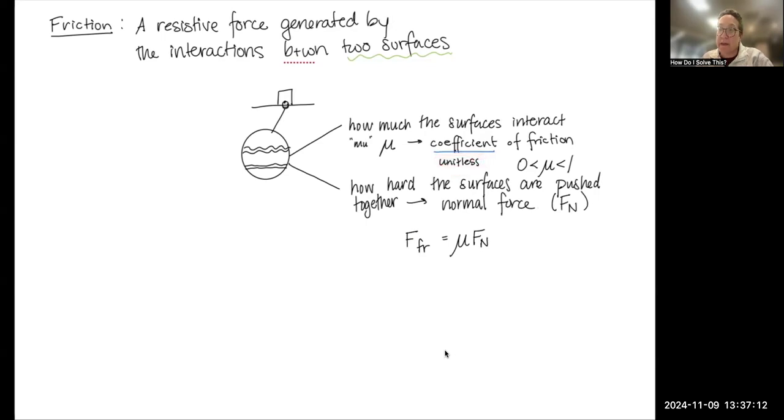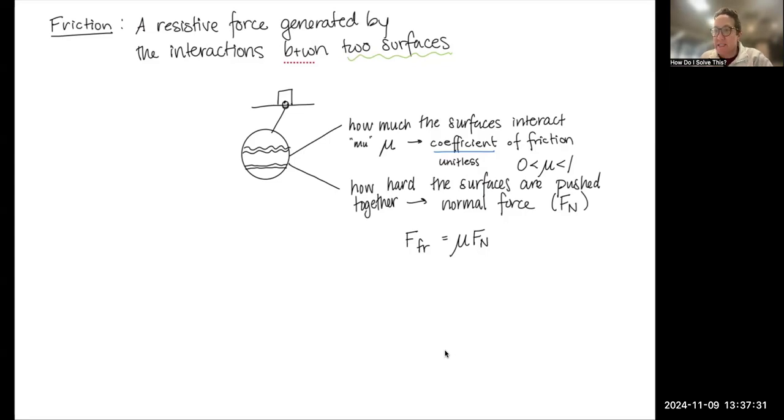So really what this is saying is what percentage of the normal force turns into a force of friction. That's how I like to think of it, at least. And that's it. So this is the very basics of friction.